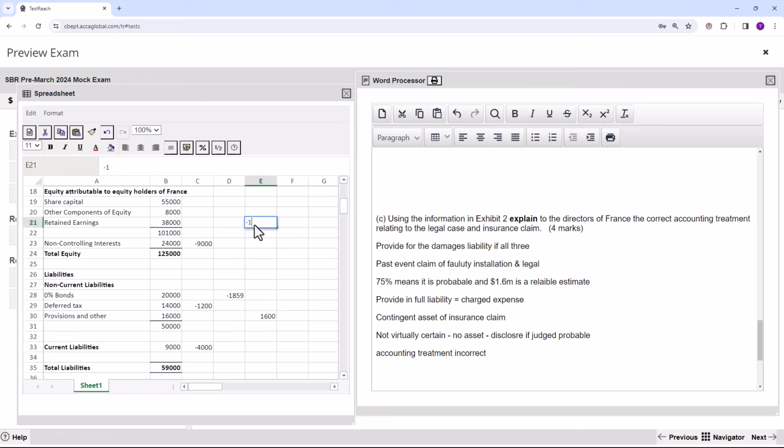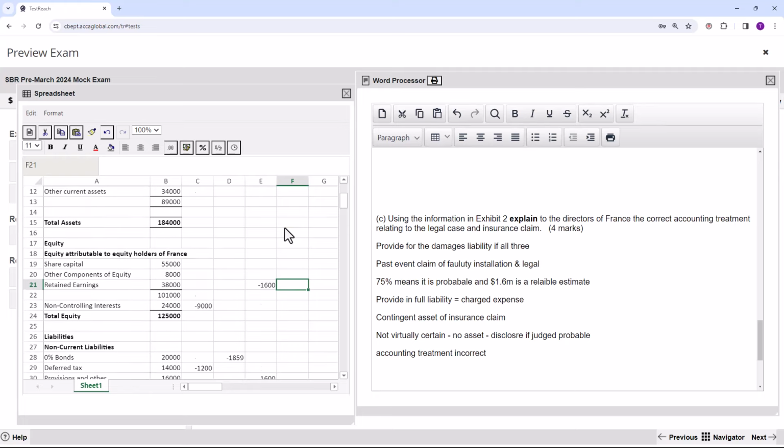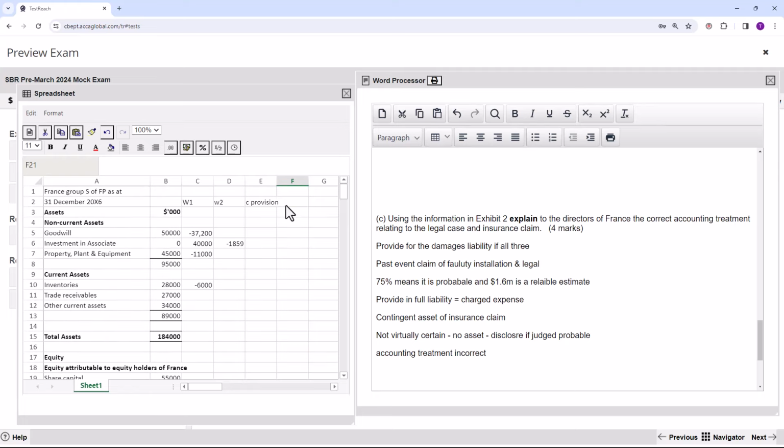I repeat, do not aggregate the total column. There are no marks for doing so. And there is a real danger of a trap, of time and panicking yourself. The balance sheet doesn't have to balance for you to pass this exam. To pass this exam, you need to do all 4 questions.